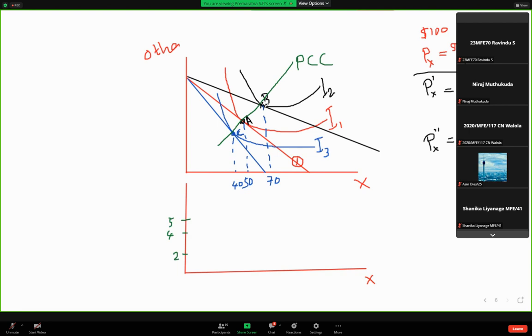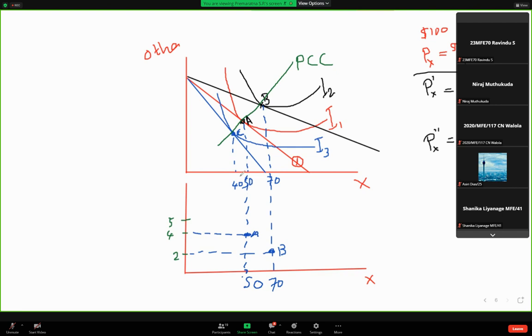Now look at $2: this consumer buys 70 units of X, and we can find point B. Now, look at point A with $4, where the consumer buys 50 units of X, and there we can find the point.